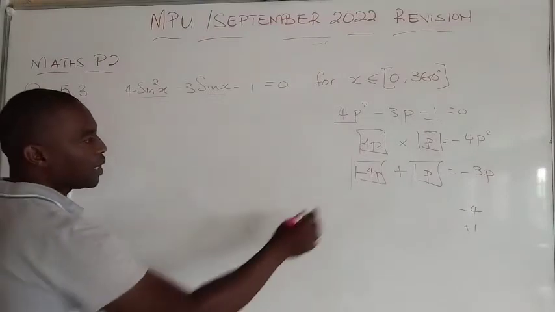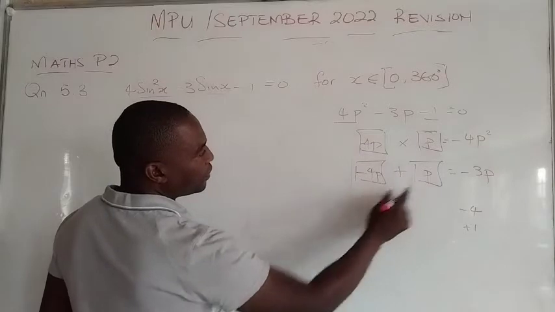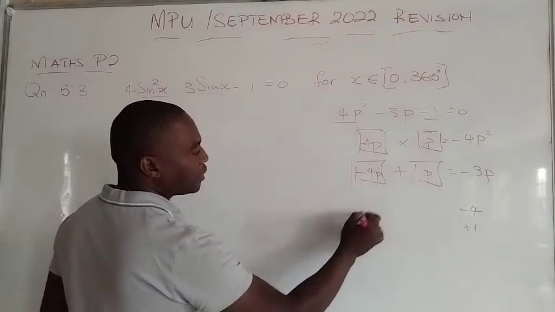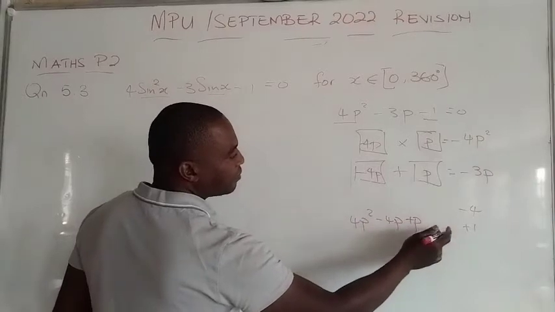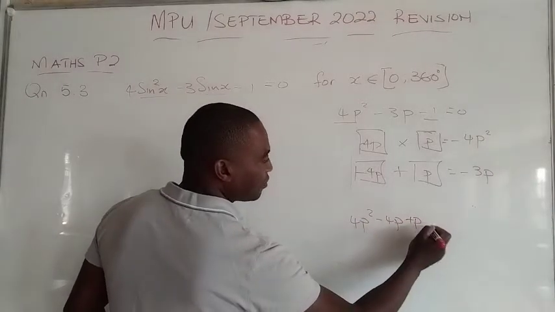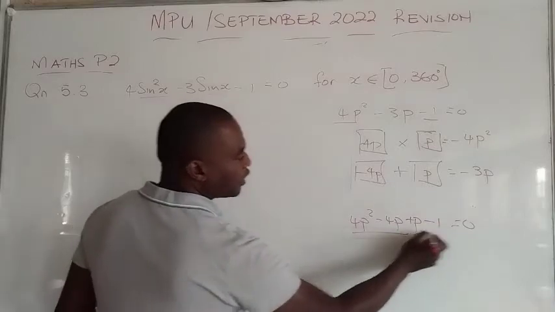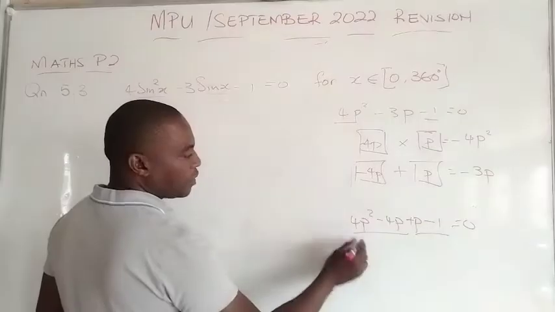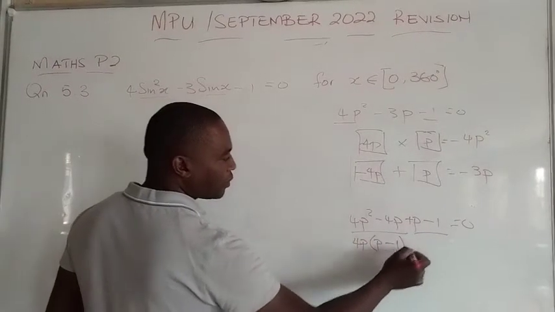So now we replace the middle term with these two terms. So that is 4p squared minus 4p plus p minus 1 is equal to 0. Then we factorize by grouping. We factor out 4p, then we remain with p minus 1.